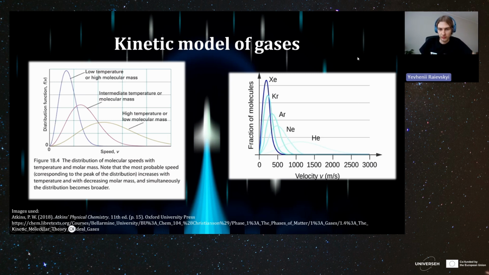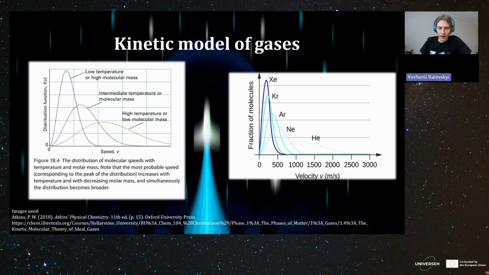For example, in this graph on the right, you have noble gases, velocity and fractional molecules. For xenon, this atom has a mass of 200 grams per mole. I don't remember exactly, but it's very huge.